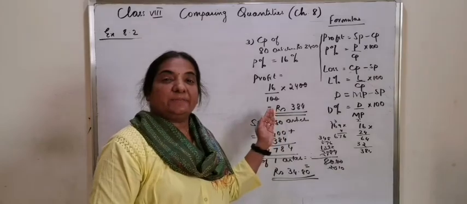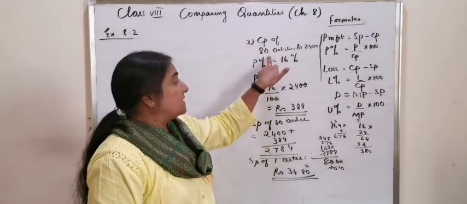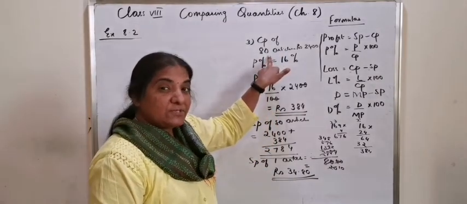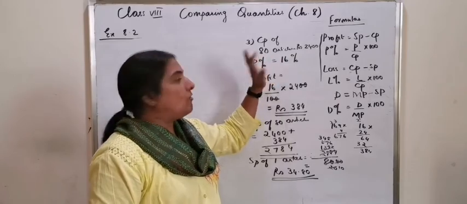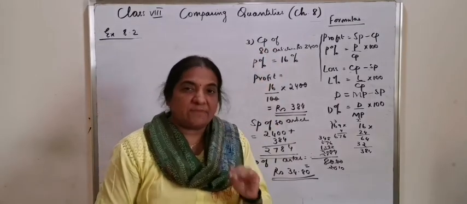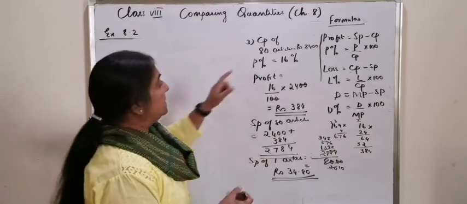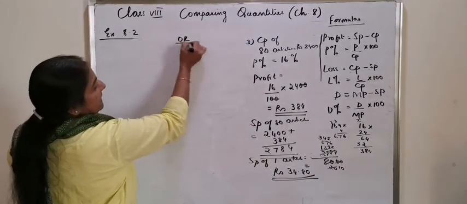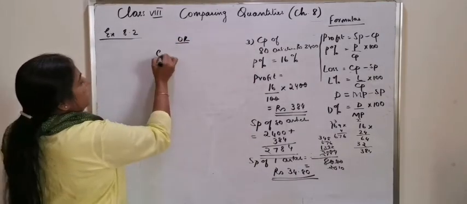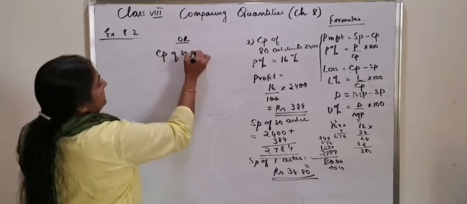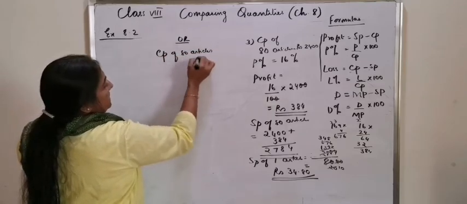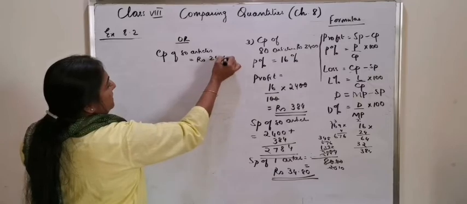The same question can be done with one article from here itself, because the shopkeeper is selling all the 80 articles for the same fixed price. It can also be worked out like this: the cost price of 80 articles is equal to rupees 2400.